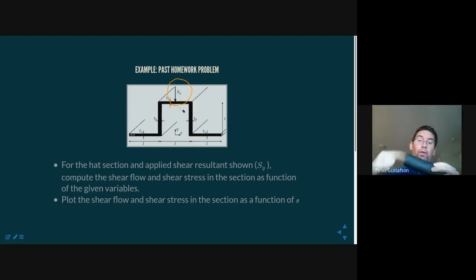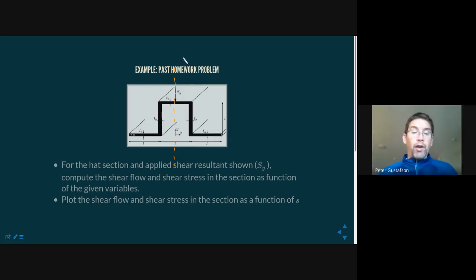The total force over the entire cross section is going to be a shear force of magnitude SY in the Y direction. Now I happen to have drawn it such that the resultant is on the line of symmetry. That makes this calculation easier for us today. So that's the way we're going to demonstrate it this time. So the shear resultant goes through the line of symmetry.